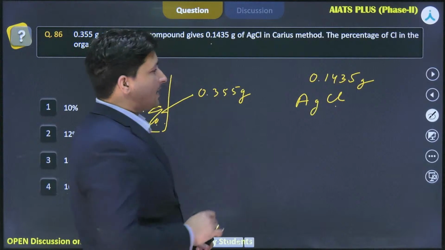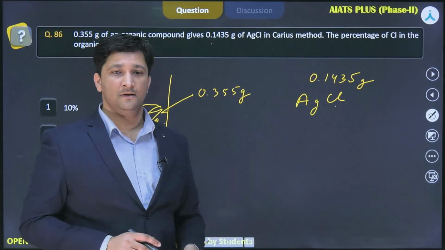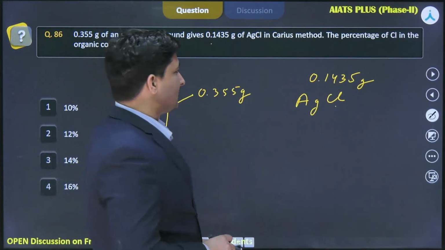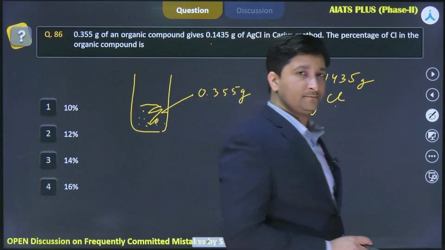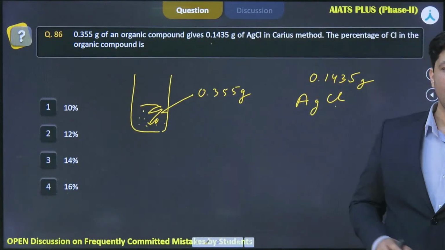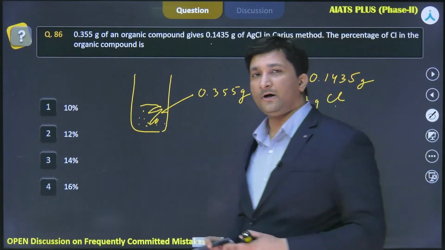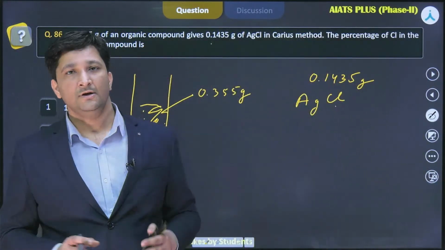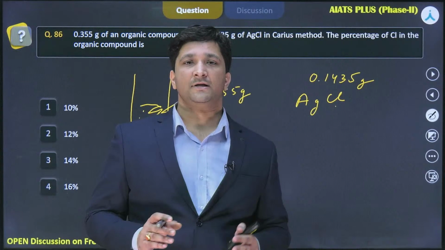Yes Rahul, Carius method. The mass of silver is 108 gram and the mass of chlorine is 35.5 gram. If you add these two, you are going to get 143.5.